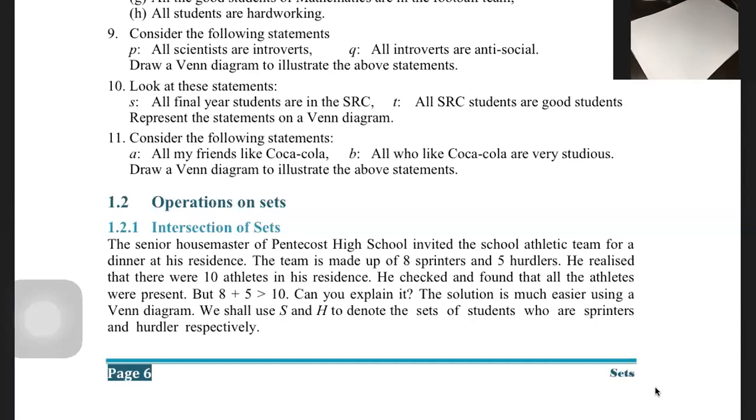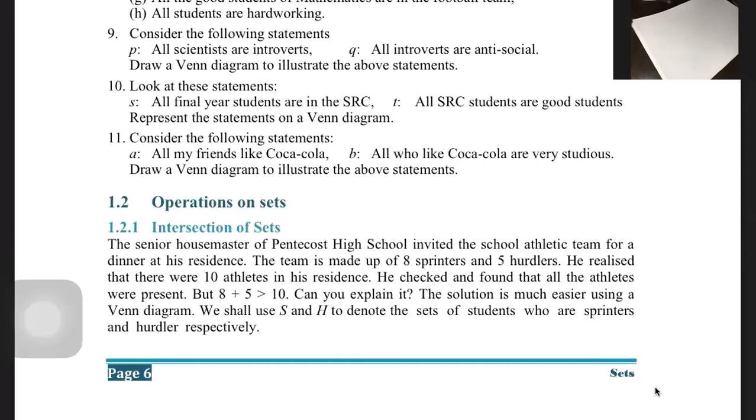So, a high school principal invited the school athletic team for a dinner at his residence. It's made up of 8 sprinters and 5 hurdlers. He realized that there were 10 athletes in his residence.